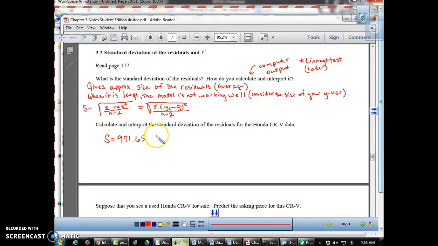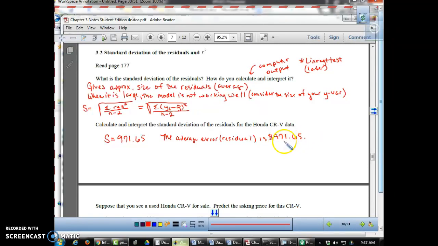If we know the miles driven, we could use a linear regression model which has more predictive power than simply using y-bar to make predictions. So essentially the average error, or that's just your residuals, is $971.65, because remember we were trying to predict the advertised selling price for certain miles.